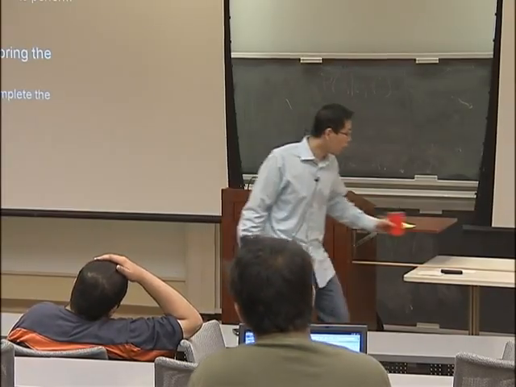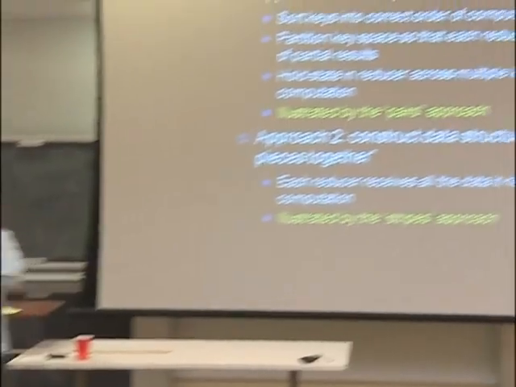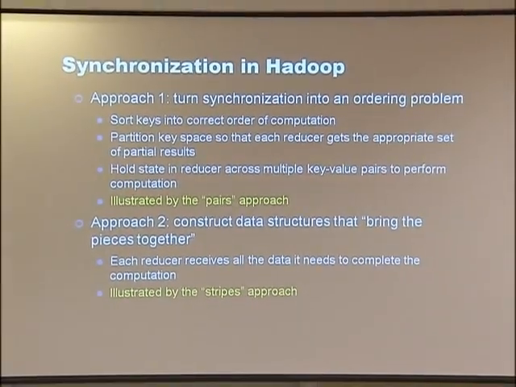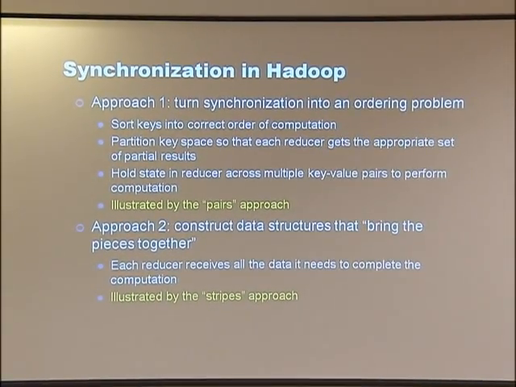Okay, so basically these two, the pairs and stripes approaches, form a very nice case study of how you handle synchronization in Hadoop. We started off with the complaint that, gosh, you don't know what's going on. You don't know what the mappers are doing, you don't know what the reducers are doing. But the truth is, yes, there are tools at your disposal for controlling that.